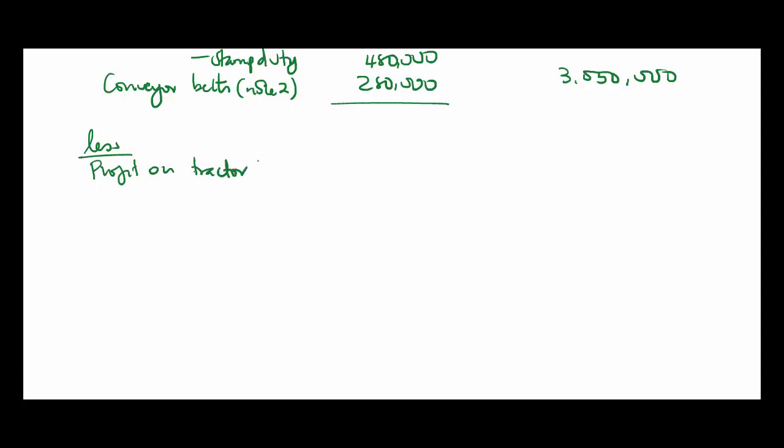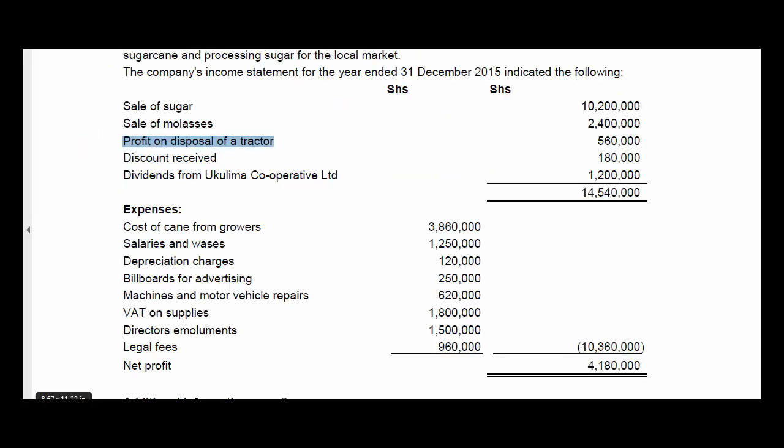So capital gains tax is not applicable. Discount received is business related. What about the dividends from Ukulima Cooperative? These are separate incomes, and other income should not be mixed with business income, so we're going to isolate it. 1.2.